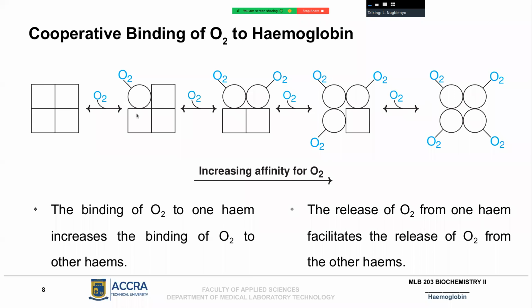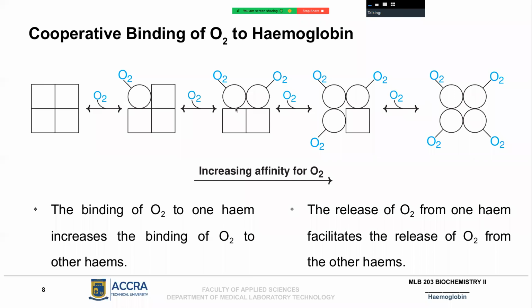So the affinity of this monooxyhemoglobin for oxygen is higher than the affinity of the deoxyhemoglobin. So it goes in for a second molecule of oxygen. Then the affinity increases the more.